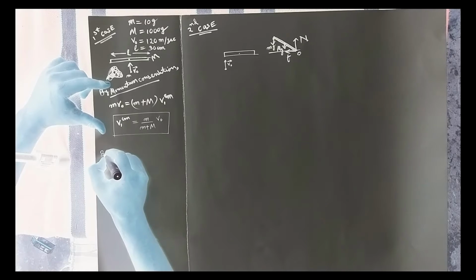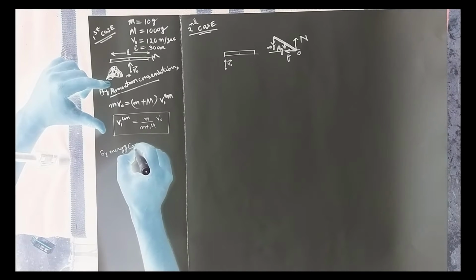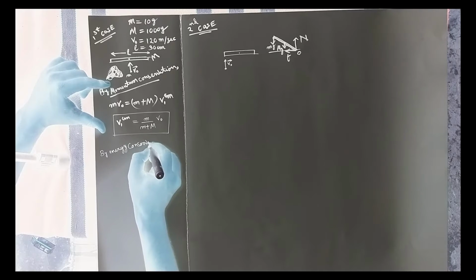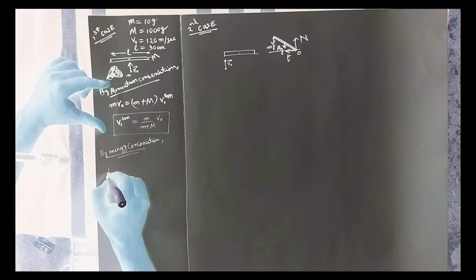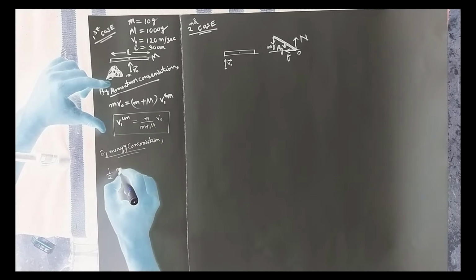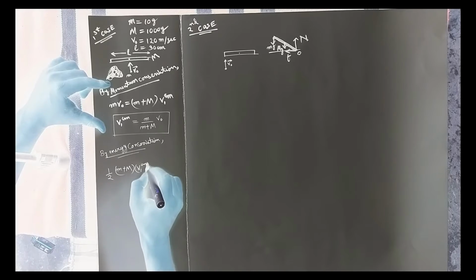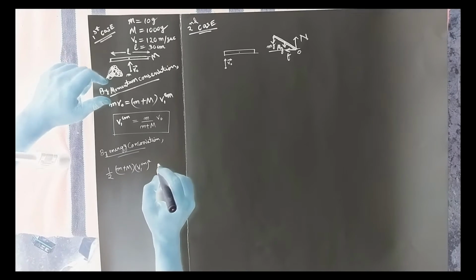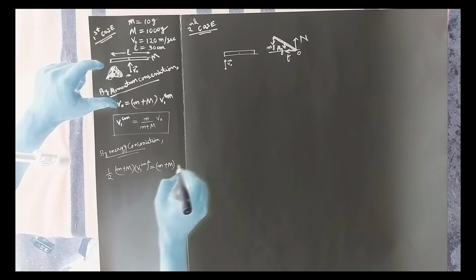So by energy conservation, half (m plus M) v1 cm square is equal to (m plus M) g h1.